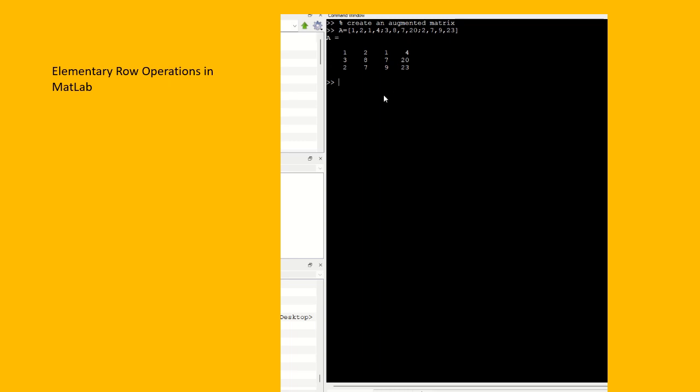Now I look at this and I say, well, it'd be nice if I could get 0 here and 0 here to eliminate some x sub 1 terms. So what I'd like to do is add -3 times the first row to row 2 of this matrix. To do that, I will say the following.